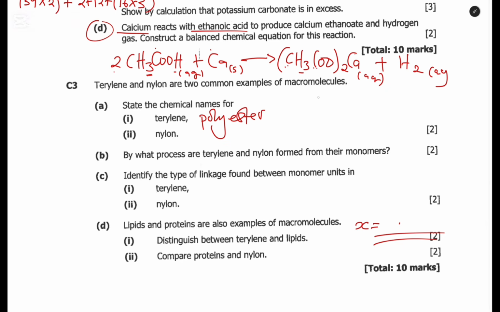Okay, polyester. Then what about nylon? Nylon is called polyamide. Then for the second part, that is B. By what process are terylene and nylon formed from their monomers?